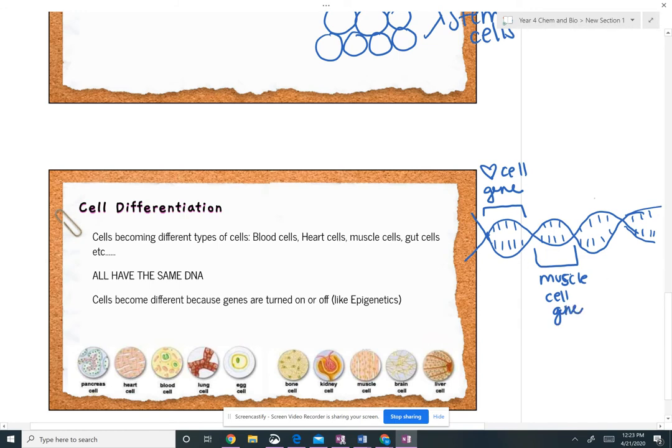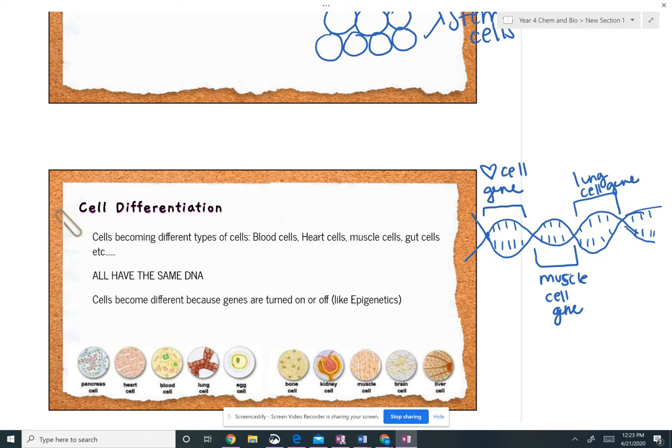And then maybe over here we have another one that's a lung cell gene. If we put all of these different genes together, your DNA codes and has instructions for every single type of cell, right? There's instructions on how to become a heart cell and all of that.